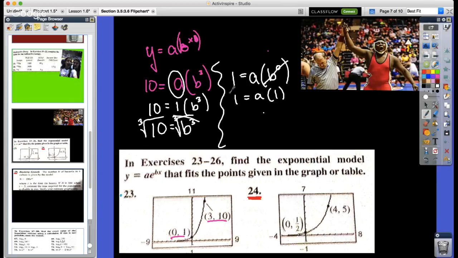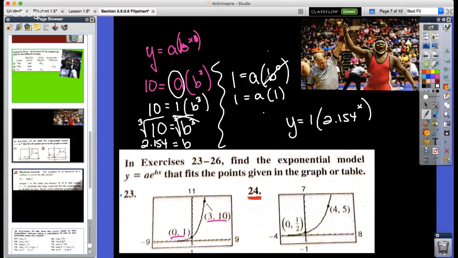So the third root is 10 to the 1 divided by 3 power, to get 2.154. All right, so b is 2.154. And so now a is 1 and b is this, so we have y equals 1 times 2.154 to the x power. And that right there would give us what our equation is.